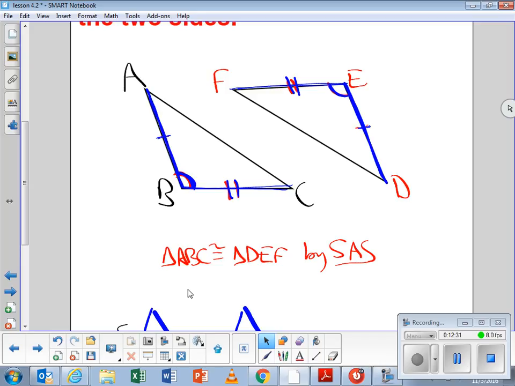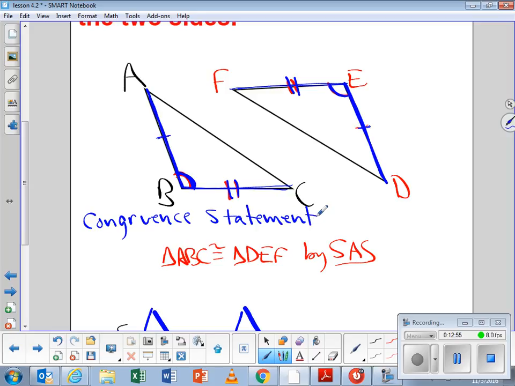Now, remember when we write this, remember this is called a congruence statement. I don't think we have this in our notes anywhere. I mention it many times. You'll be asked to write a congruence statement. This is what they mean.